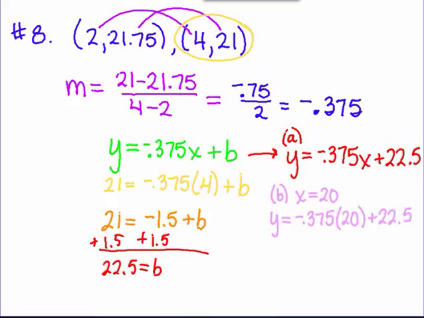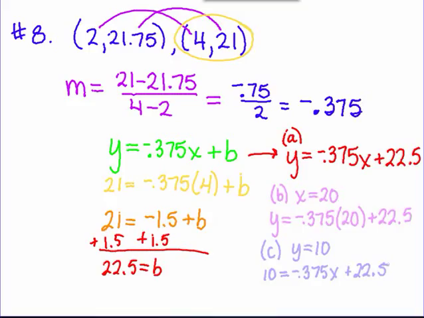Let's look at C. Predict in what year milk consumption will be 10 gallons. So for C, when it says milk consumption is 10 gallons, what value is that? y equals 10. So you're going to have to solve the equation. You're going to have 10 equals negative 0.375x plus 22.5.